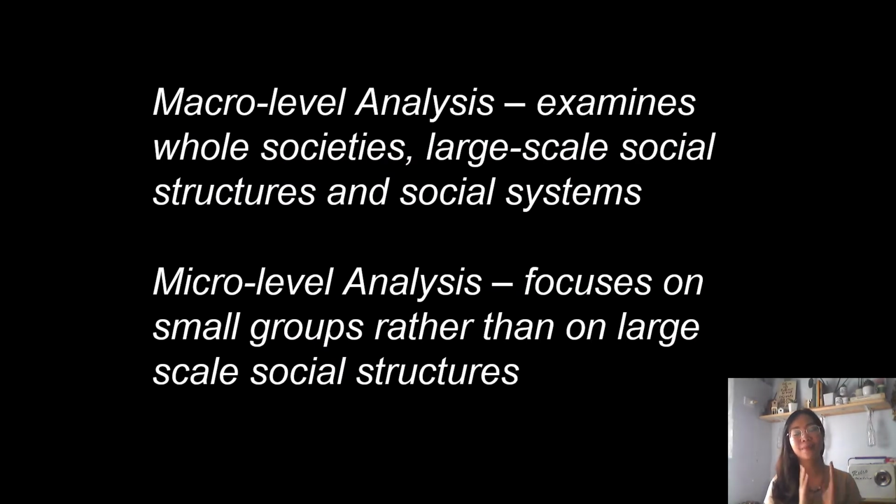In these approaches that we are going to look into later, we would view them from two types of analysis, which are the macro level and the micro level analysis. The macro level examines whole societies, the large-scale social structures and social systems.